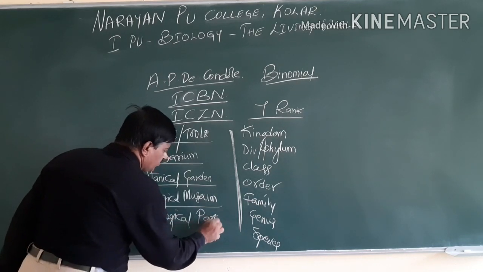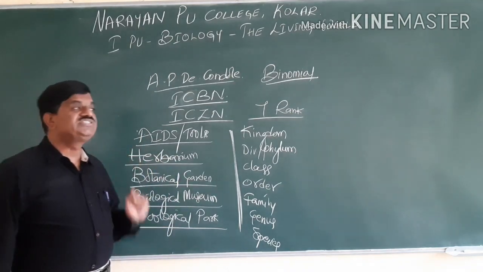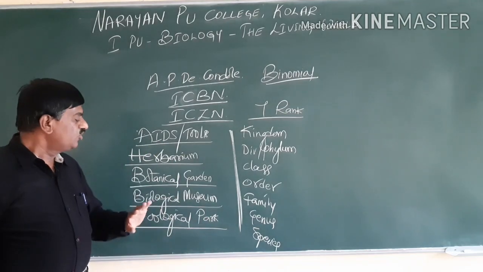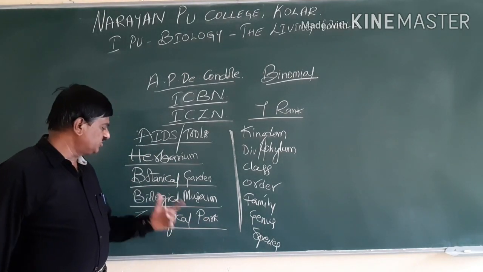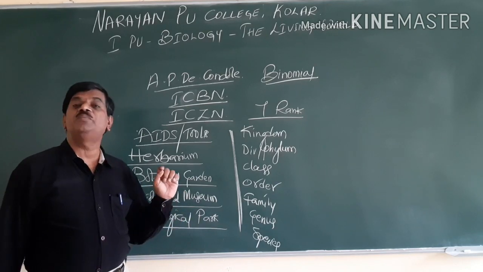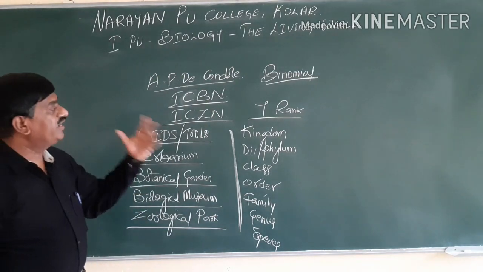Next we go for the zoological park. Again, this is a protected area where we preserve wildlife. The wildlife is preserved and reared for research work, for study, for exhibitions, and for tours. Zoological parks are maintained here. Our next one is the taxonomic key.